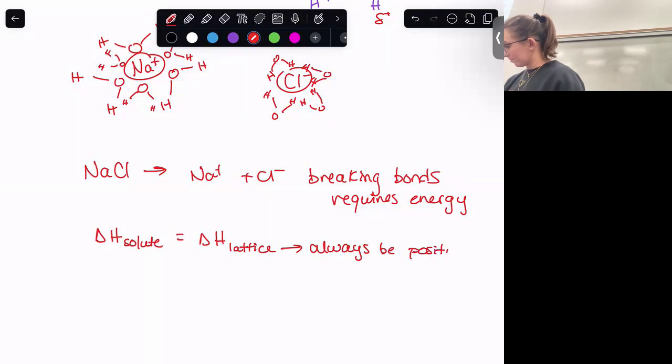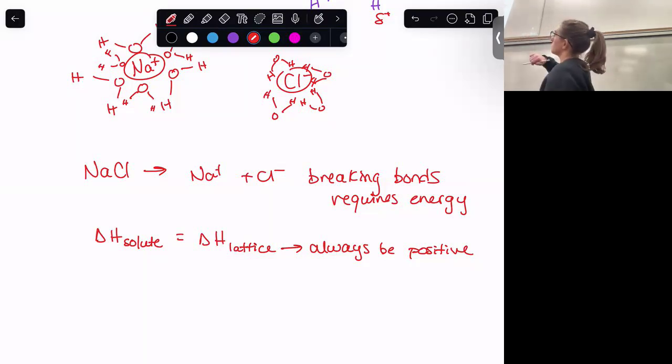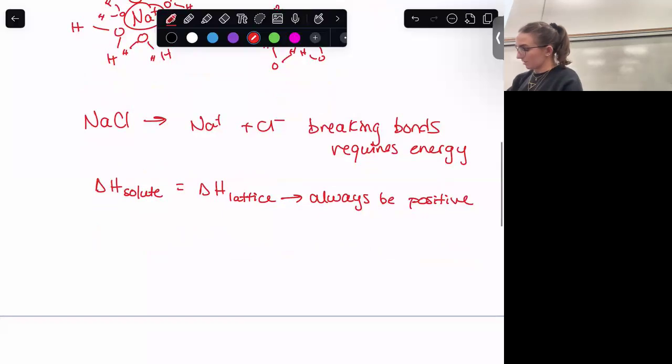Whenever, the delta H lattice is always going to be greater than 0, because we always have to break a bond in order to create a dissolving or a solvation effect. When we talk about the lattice, this is for ionic substances.